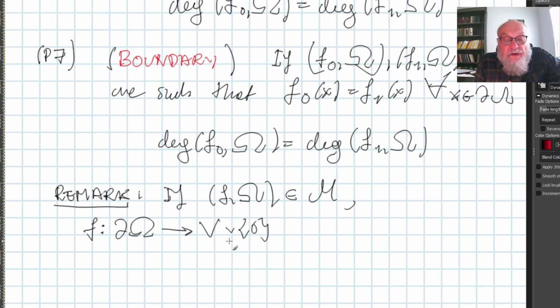So the boundary condition tells you that any two maps such that they have the same values, so if you have f0 and f1, they define one unique map on the boundary, and that's enough to determine the degree.